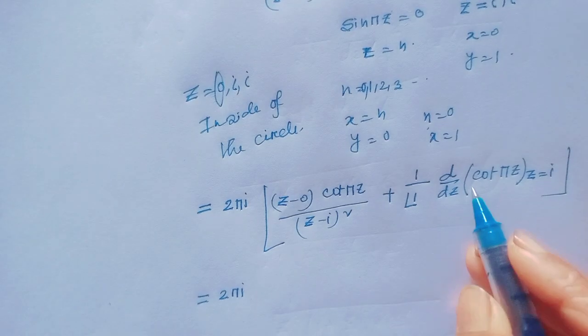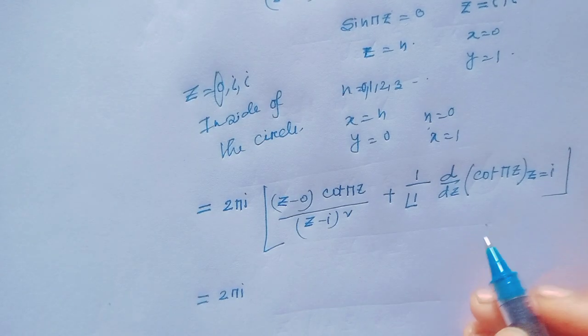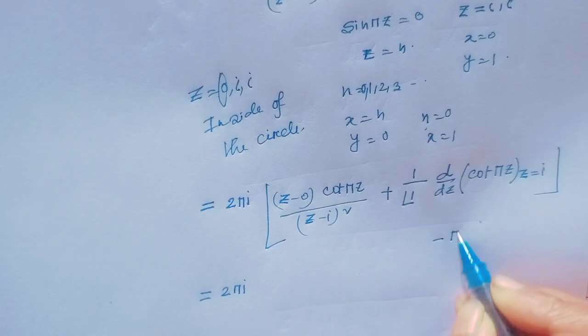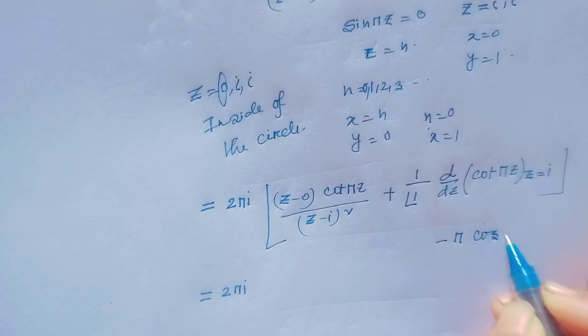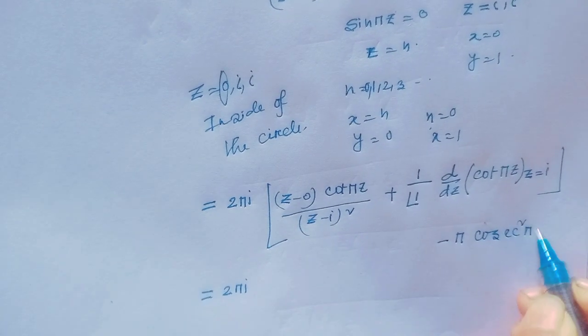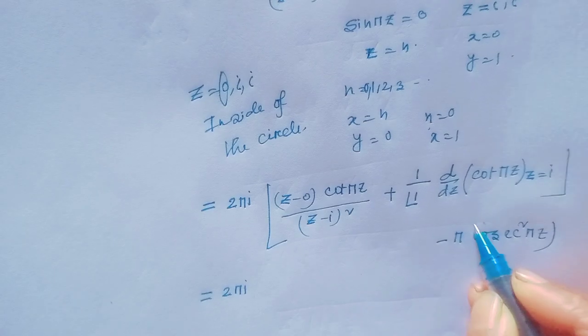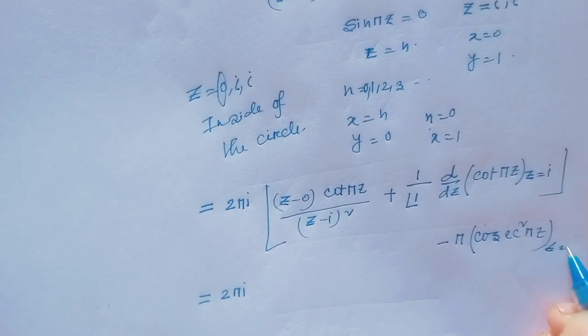Here d/dz of cot pi z means minus pi cosec square pi z at the point z equal to i.